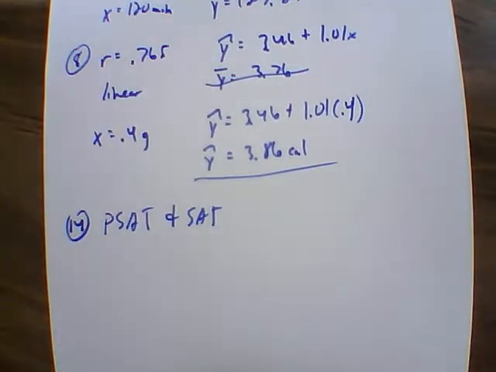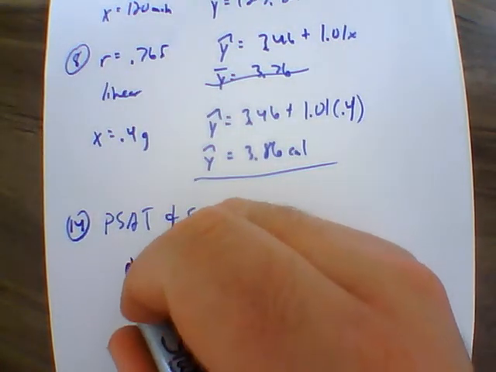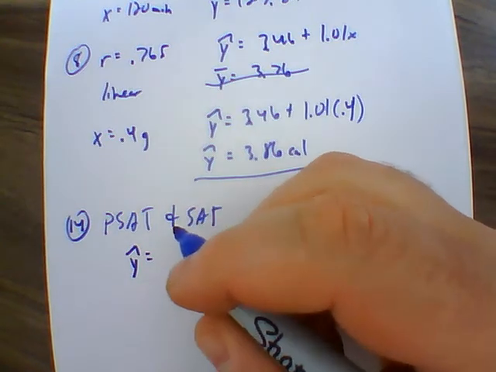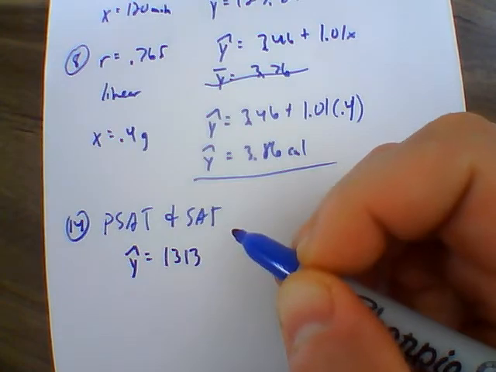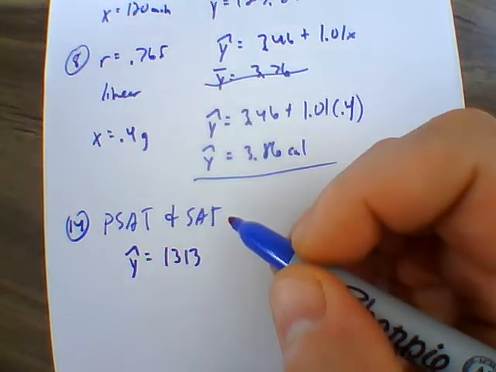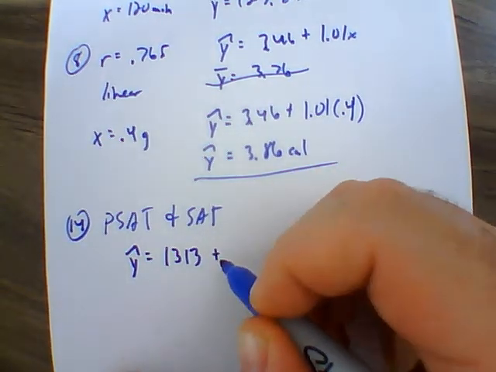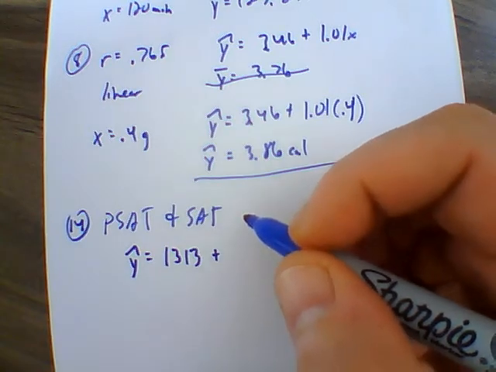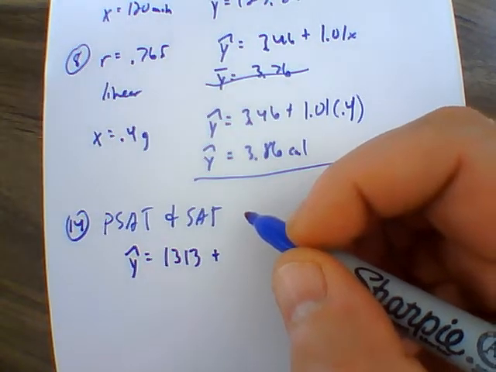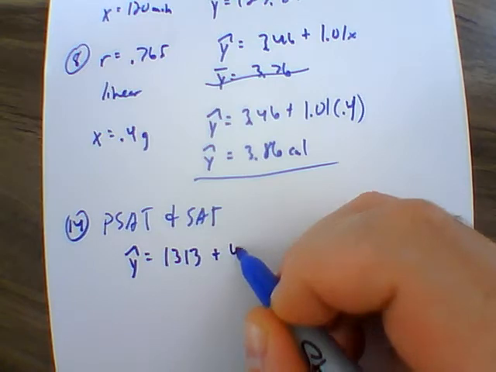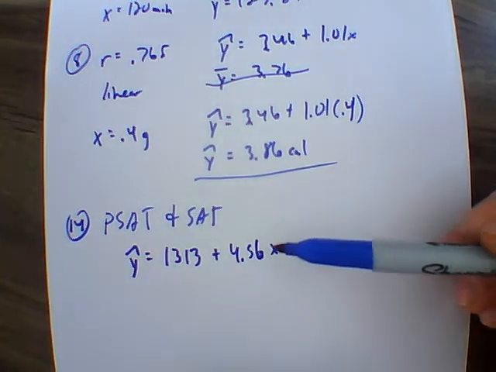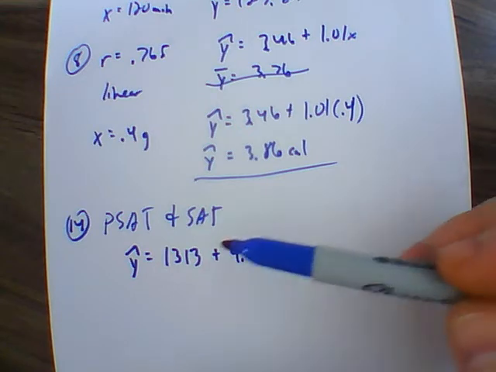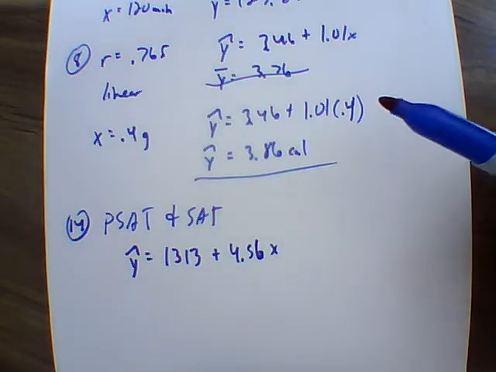So what we would do here is we would say that y hat equals a was 1,313 plus, then we had b was 4.56x.